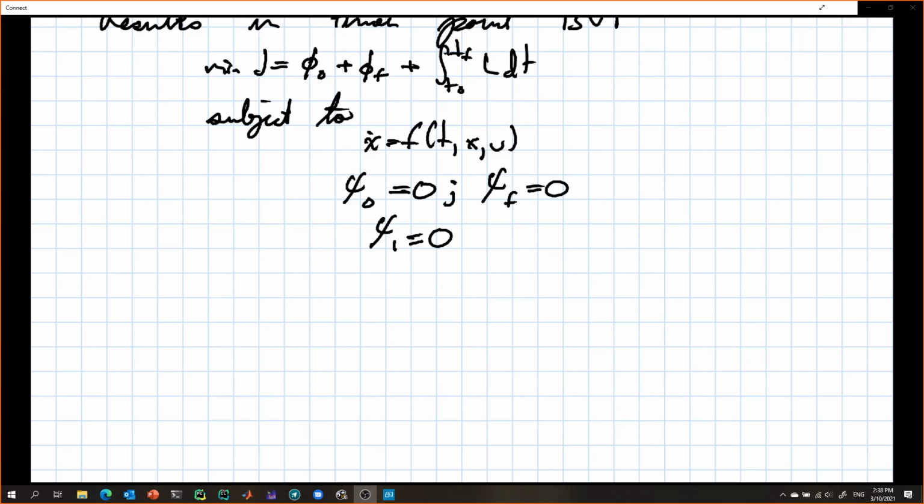Okay, and then as always, we could adjoin constraints to the cost functional.